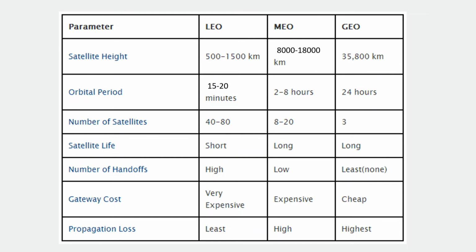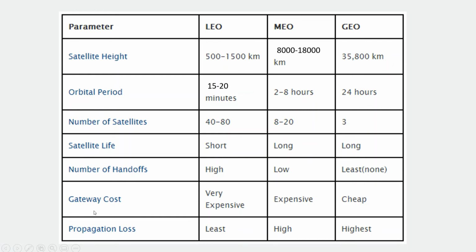So it requires a very high number of handoffs in LEO when compared to MEO and GEO. As GEO has very few satellites, it has almost zero handoffs, or fewer than 3, because the number of satellites is 3.